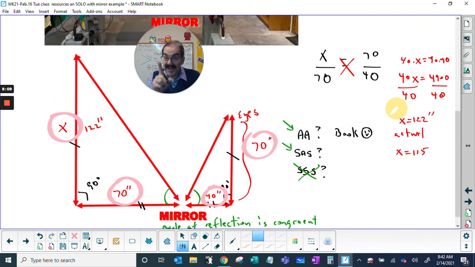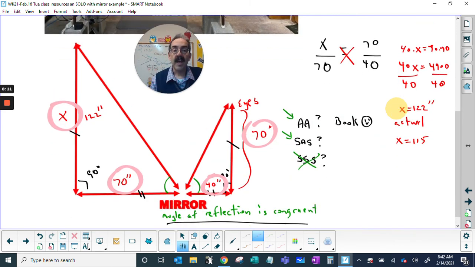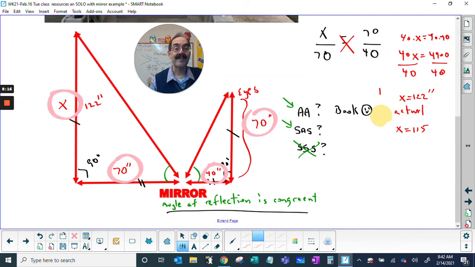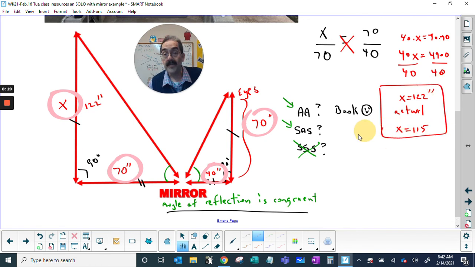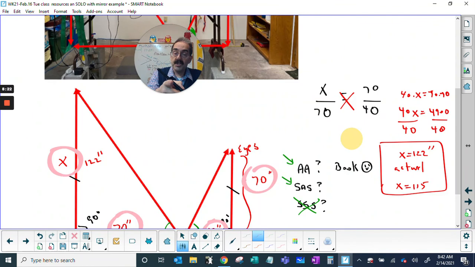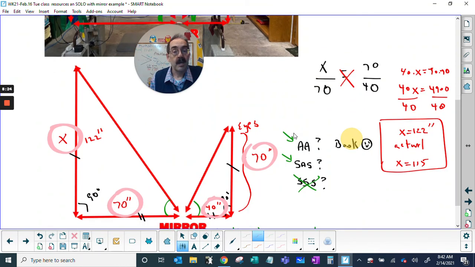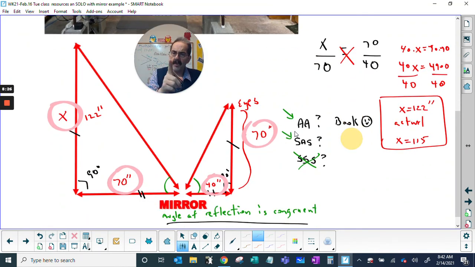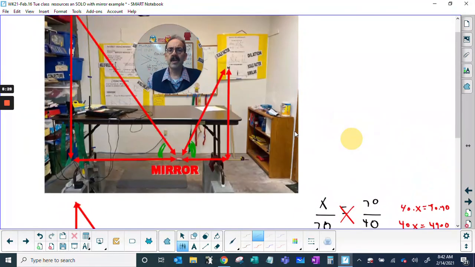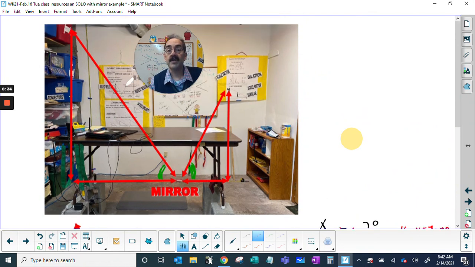But the idea of angle, angle, or side, angle, side works in the real world. Okay? So if you did this, write yours down on the assignment sheet. If you didn't do it before Thursday's class, see if you can locate a mirror and find a reflection, an angle of reflection to calculate a real world math problem.